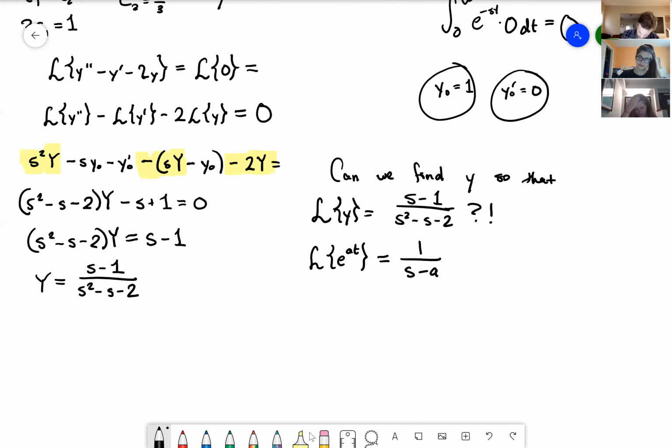And we also know that this is equal to s minus 1 over, we know how to factor s squared minus s minus 2, s minus 2 times s plus 1. So maybe we can break this thing apart so that the denominators are just in the form s minus a. The numerators, well, that's totally fine.